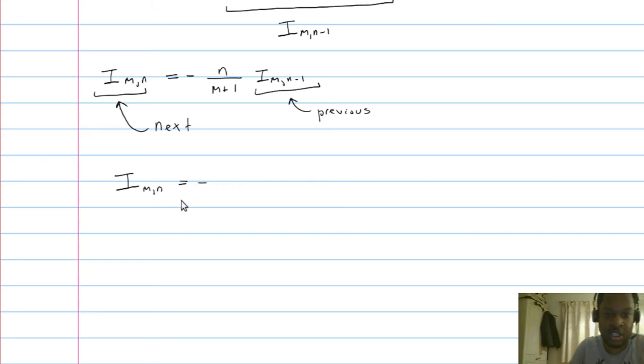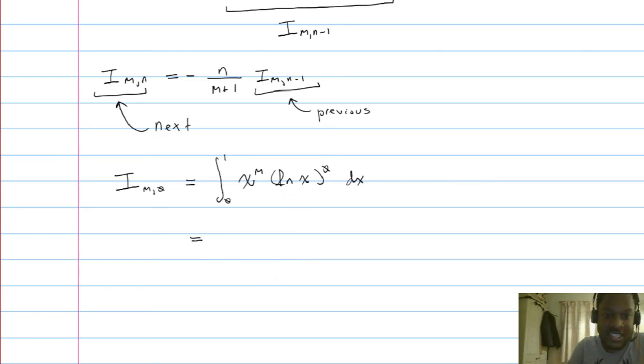So please excuse me, we're going to write I_{m,0}, and we're going to write the definition of I_{m,0}, that's the integral from 0 to 1 of x to the m, the natural logarithm of x to the 0, with respect to x. But of course, anything to the 0 is 1.